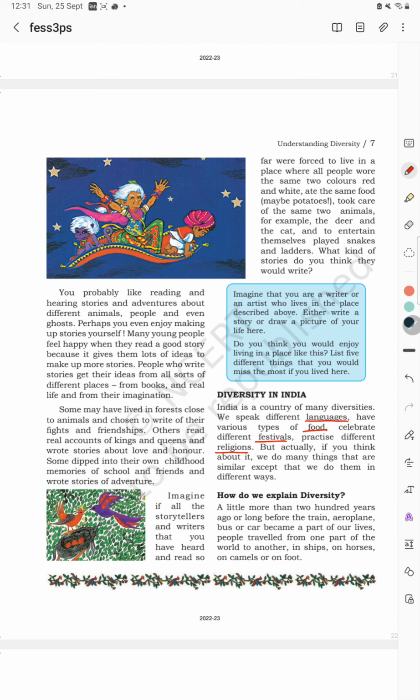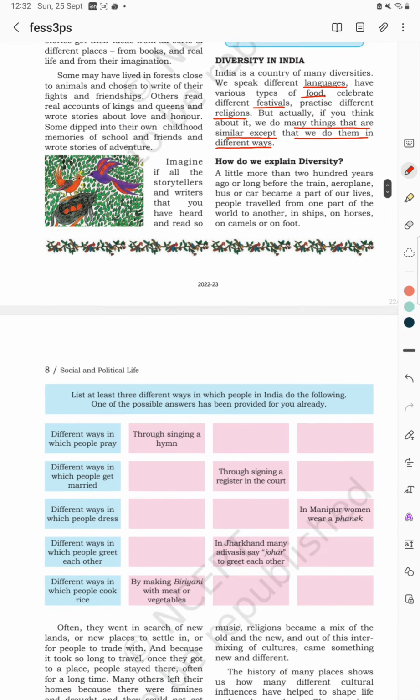But actually, if you think about it, we do many things that are similar, except we do them in different ways. So there are things we do the same across the country, and there are things we practice differently from each other throughout the country. So this is what diversity is.